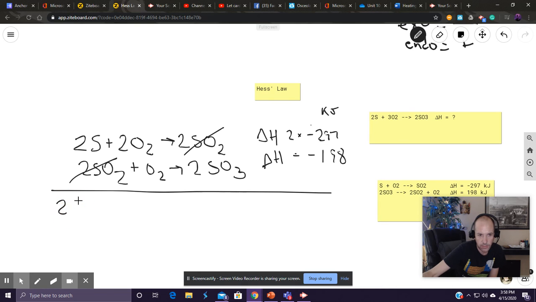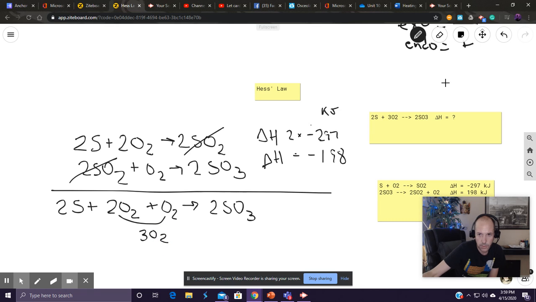I have 2S plus 2O2 plus this O2 here yields 2SO3. 2O2 plus 1O2 gives me 3O2.